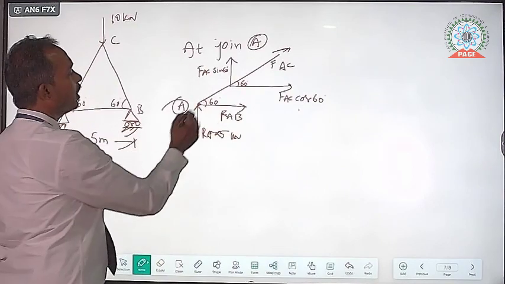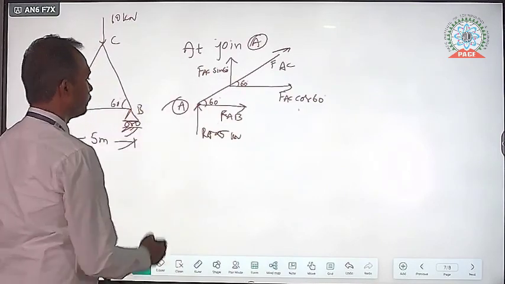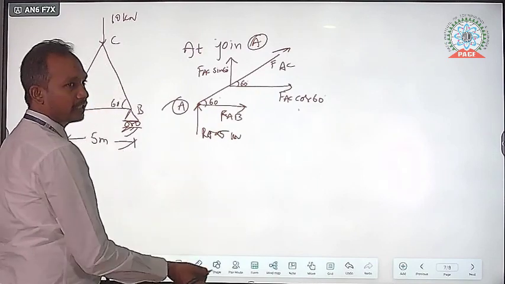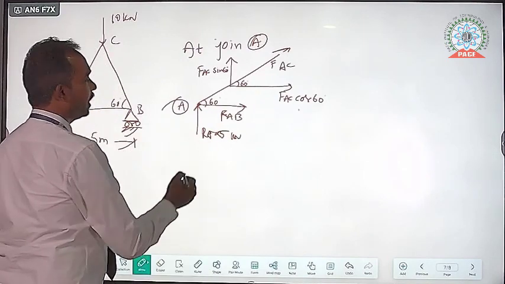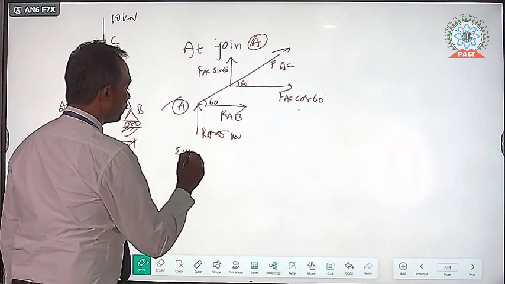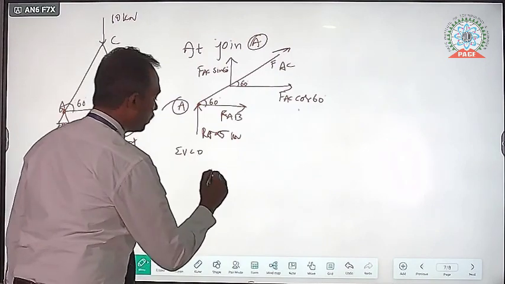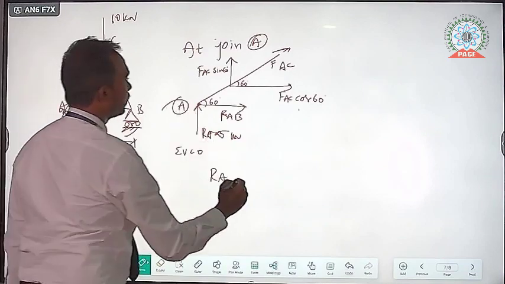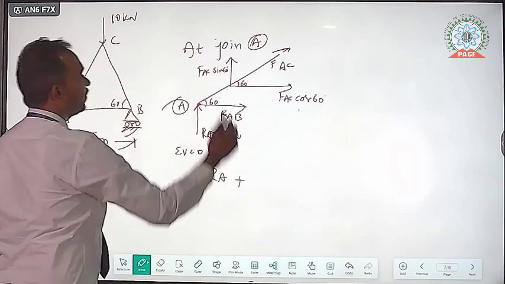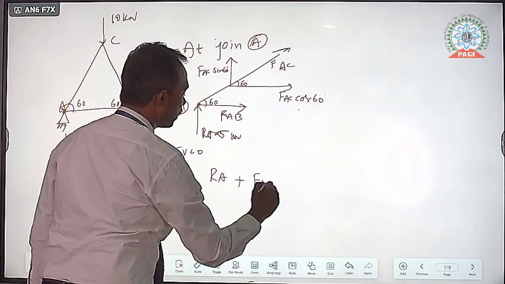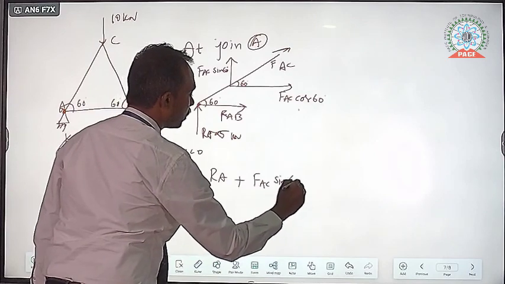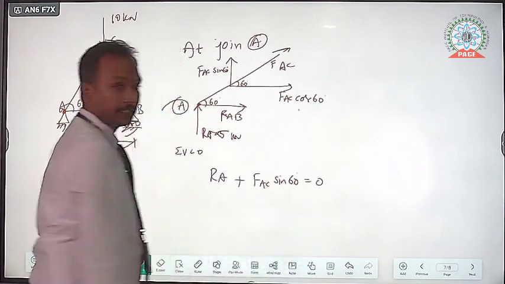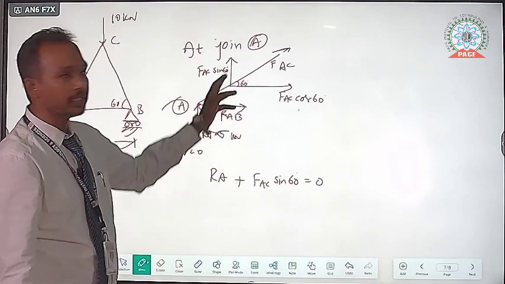Here, by using the same equilibrium equations, sigma V is equal to 0: RA, which is in the upward direction, plus FAC sin 60, that is also in upward direction. These two are in the upward direction, that's why we have added. What is the value of RA?